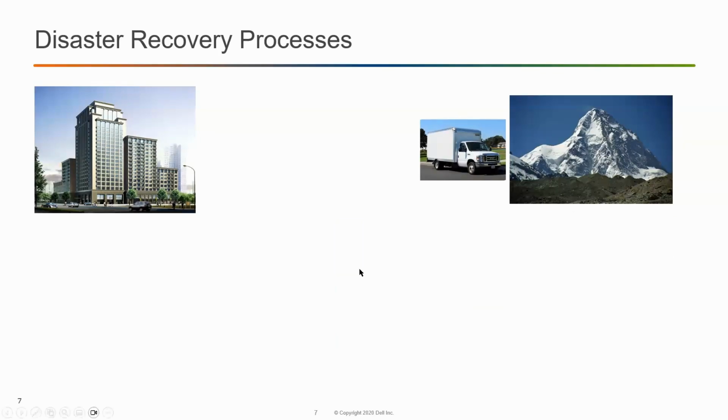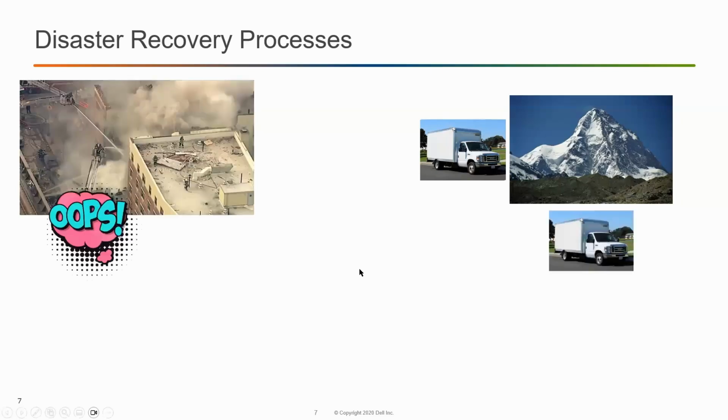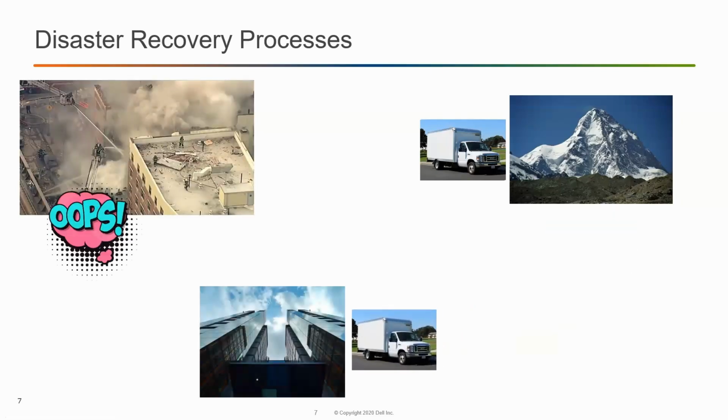But then things happen, and you have a disaster. Then somebody, or the company you sent them to, has to ship those tapes back to your DR site, the location where you were going to perform your recovery and continue operations while that smoking hole in the ground was rebuilt for you.